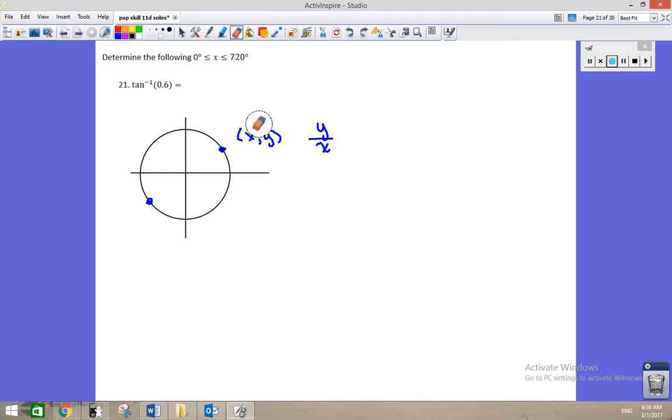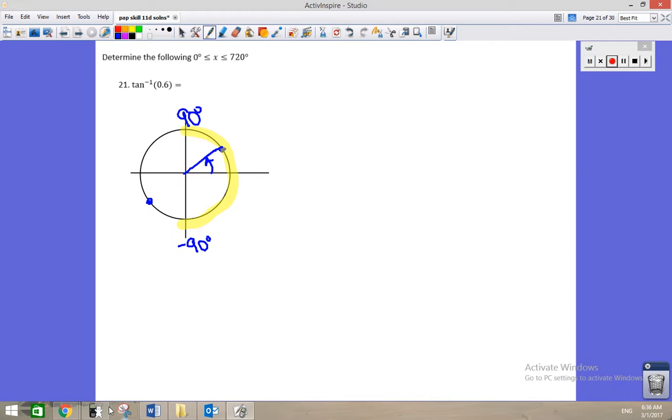So when I go to the calculator, however, the calculator treats this inverse as a function, not as a relation, and it returns a single value that's between negative 90 if you're in degrees and positive 90. So it's going to return this value.